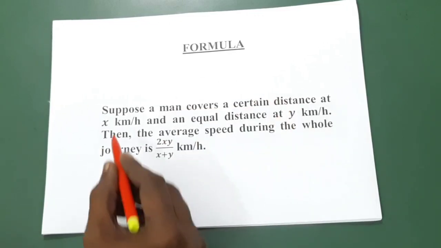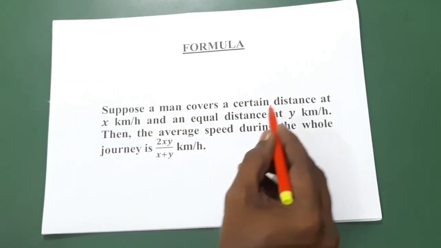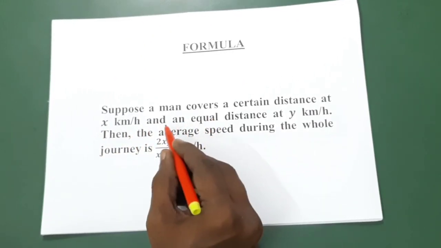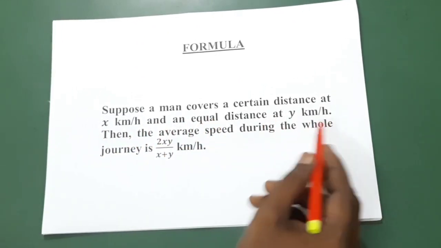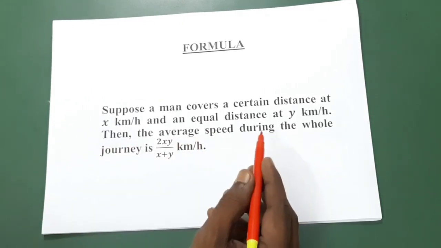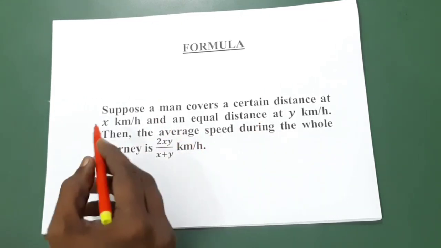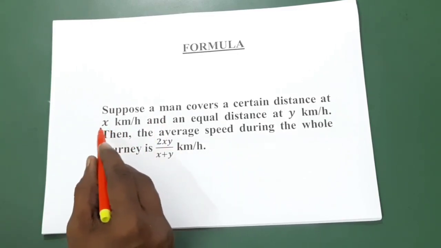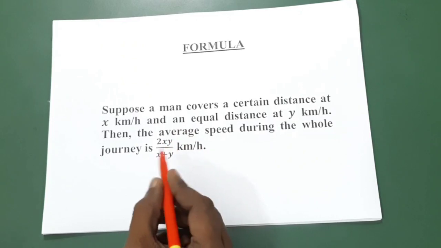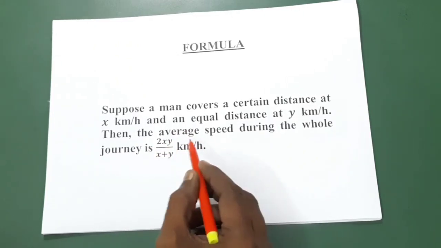One of the formulas is this: suppose a man covers a certain distance at x kilometer per hour and an equal distance at y kilometer per hour. The same man, for a day it covers at x kilometer per hour, and on another day at y kilometer per hour. What is the average speed?